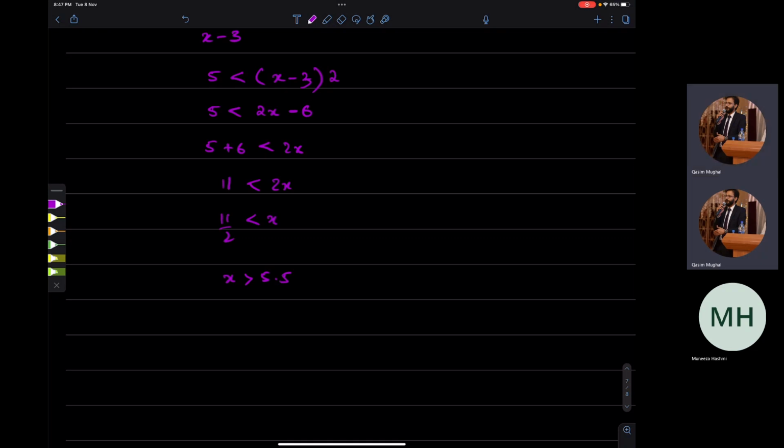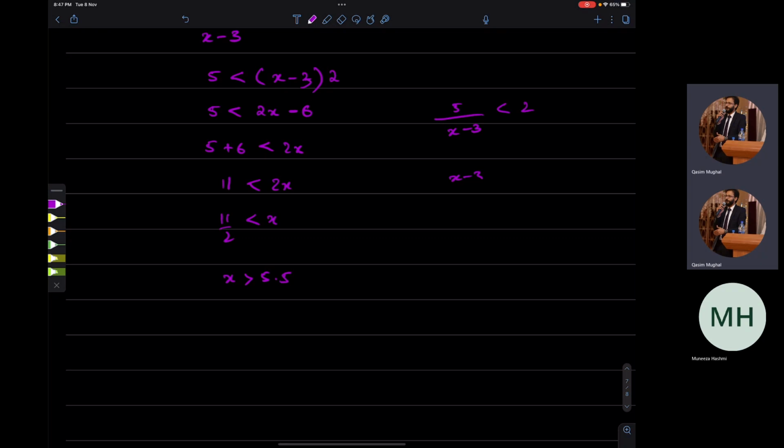Now there's something I'm missing. Find the set of values for which 5 over x minus 3 is less than 2. Wait a minute, I'm going to apply another technique here. If I flip the fraction, let me see what happens to the x.